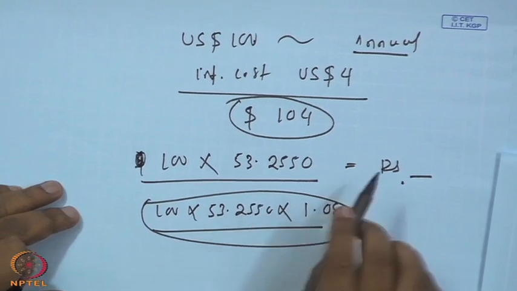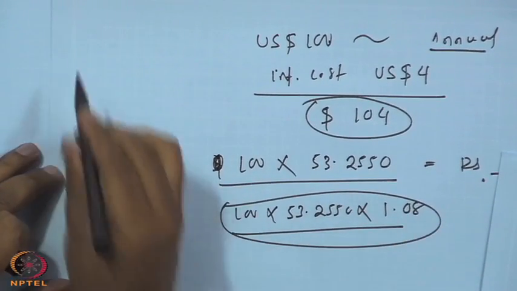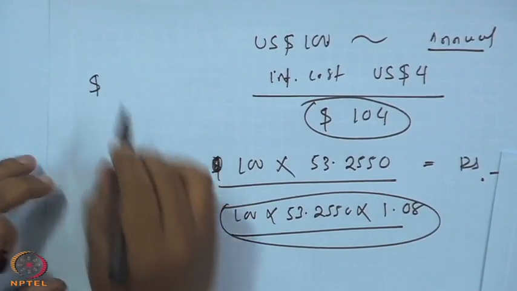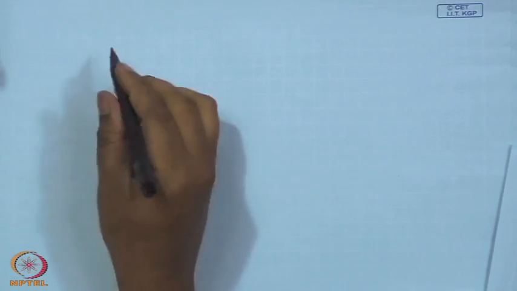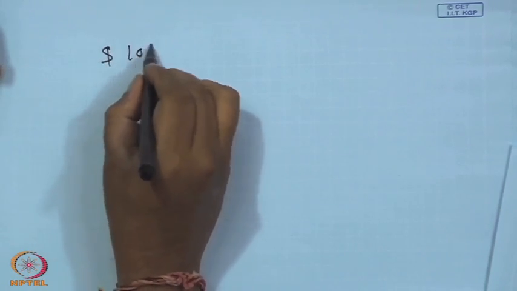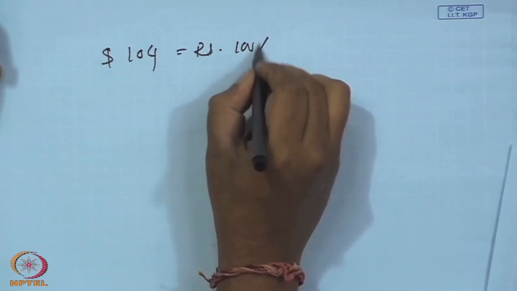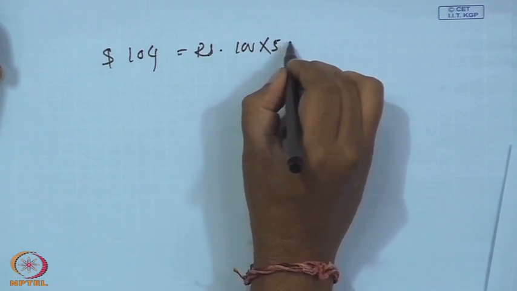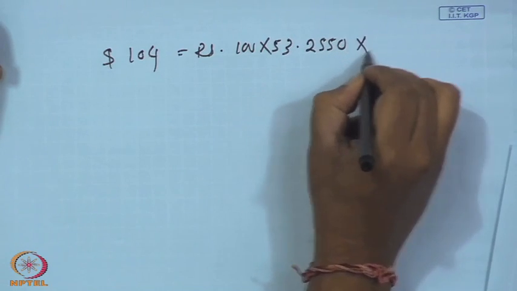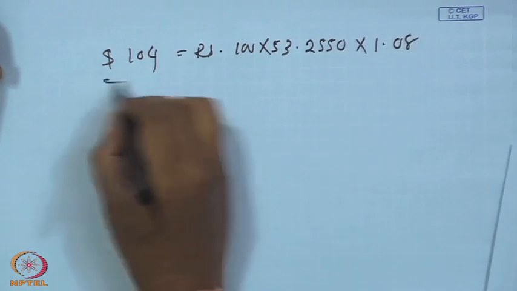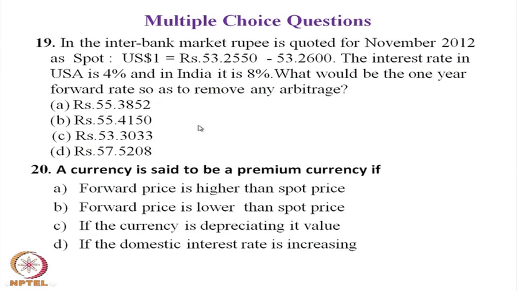So, what will be the no arbitrage point? The no arbitrage point is: the dollar equivalent of 104 equals the rupee equivalent of 100 into 53.2550 into 1.08. You can calculate the rate from this.